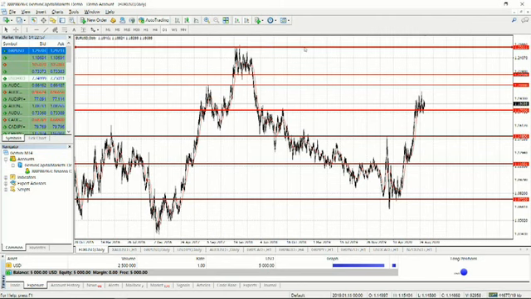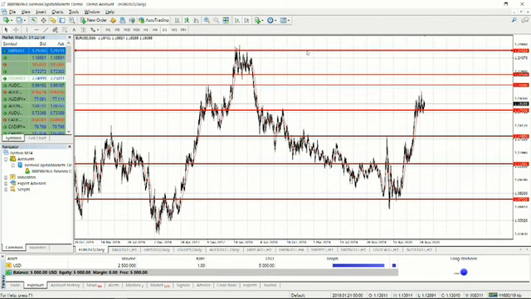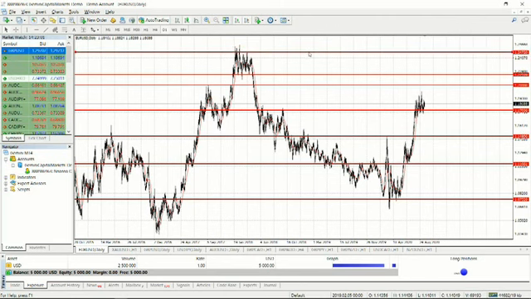You see how it struggled to break past that level. Now, that is a sideways trend. So if I can just highlight that, here is a sideways trend. So you see price moving from side to side, not really making much move. All the while here, it has been moving in an uptrend, making higher highs and higher lows.